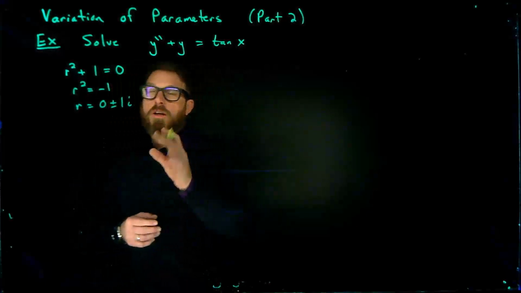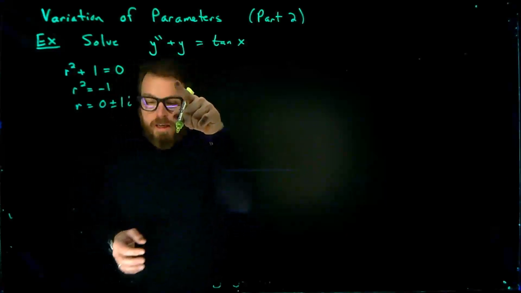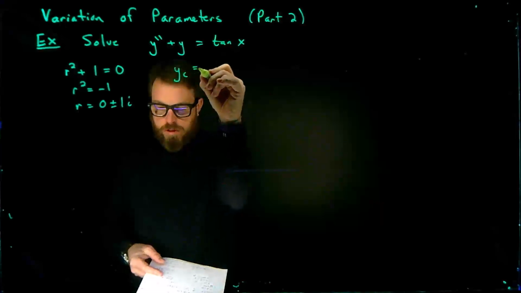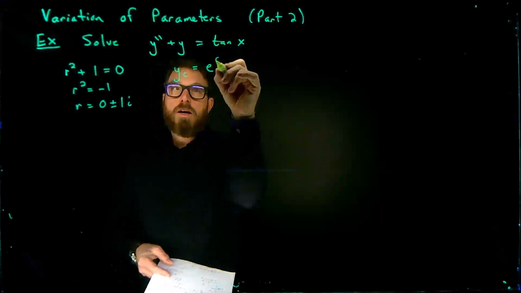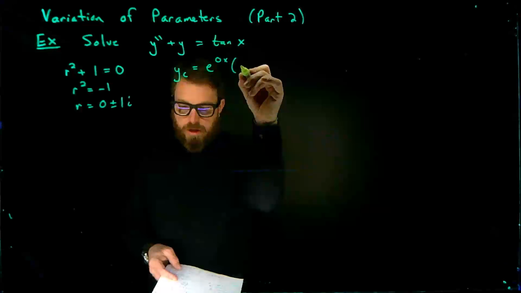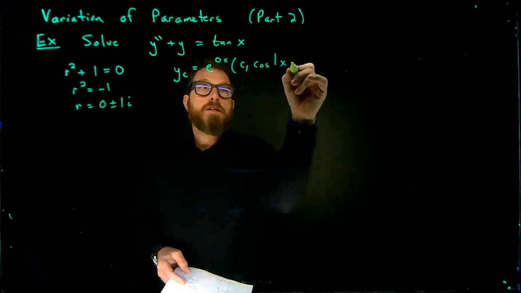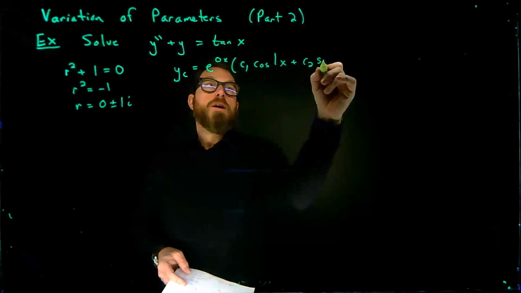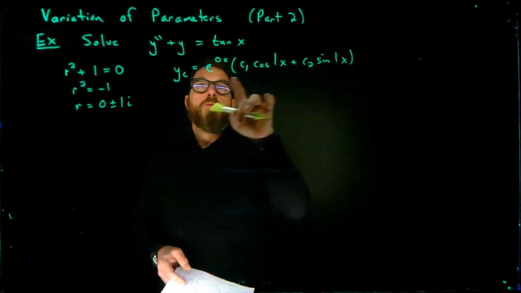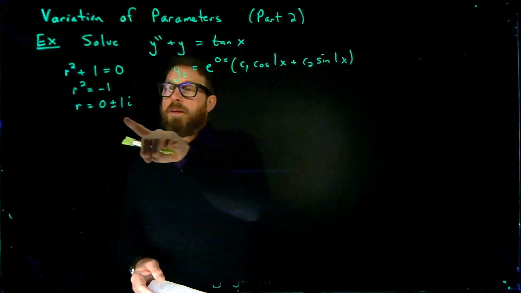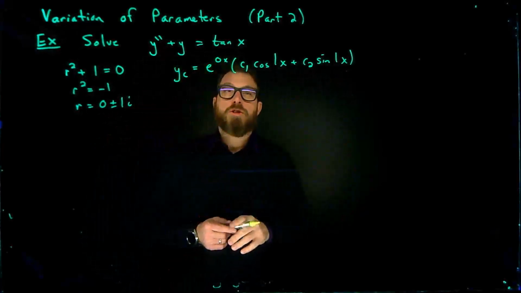So we know that the complementary solution is going to be e to the 0x times c1 cosine of 1x plus c2 sine of 1x, where the 0 comes from the real part, and these 1's come from the imaginary part of this complex root.